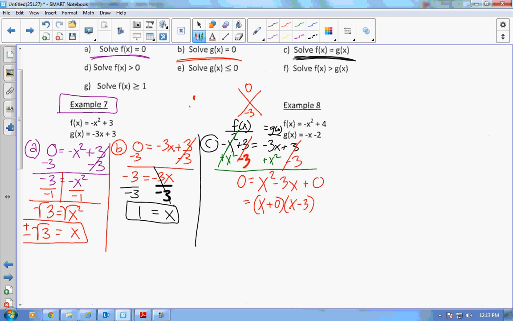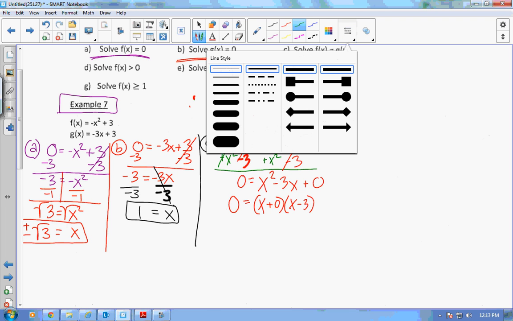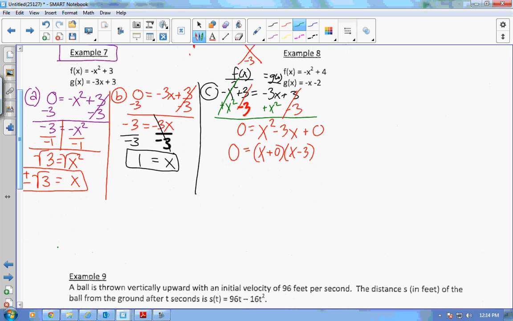But negative 3 times 3 would be negative 9, right? So one of them has to be the 0. Then we use the 0 property. What's the 0 property? Guys, we learned this like 2 weeks ago. What's the 0 property? Isaiah knows what it looks like.